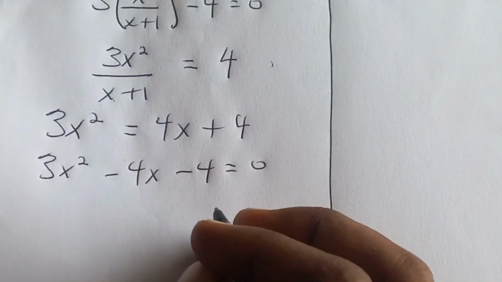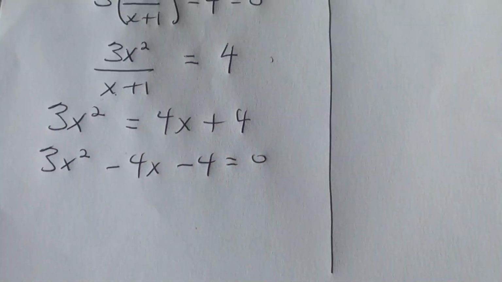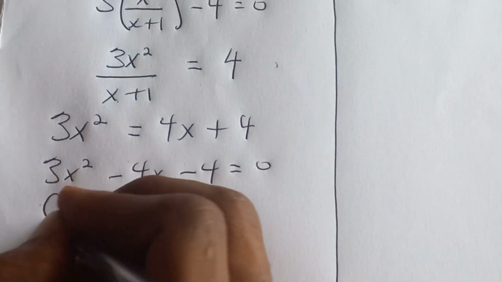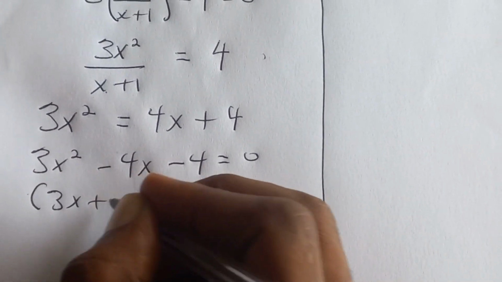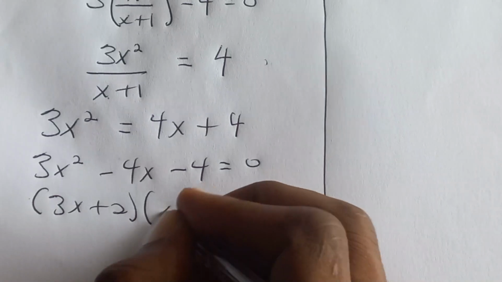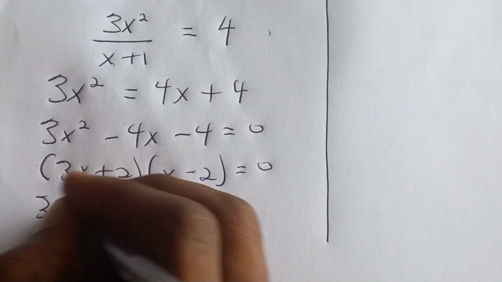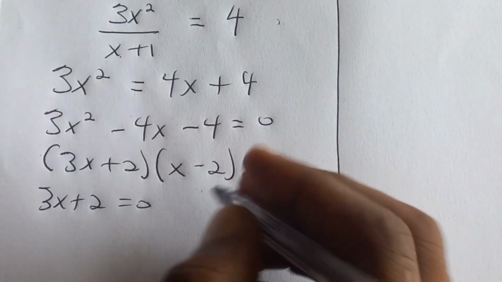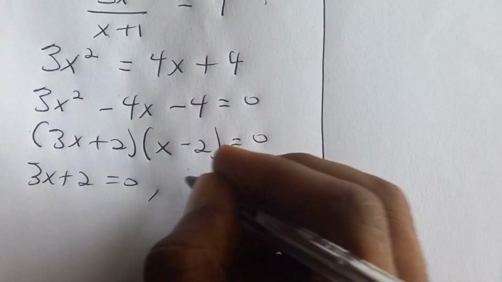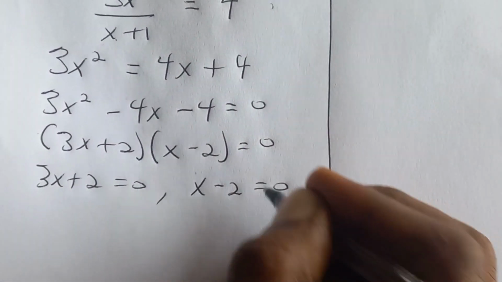So we solve this using factorization. So we get 3x plus 2 into bracket x minus 2, which is equal to 0. So we have 3x plus 2 is equal to 0, and then x minus 2 is equal to 0.